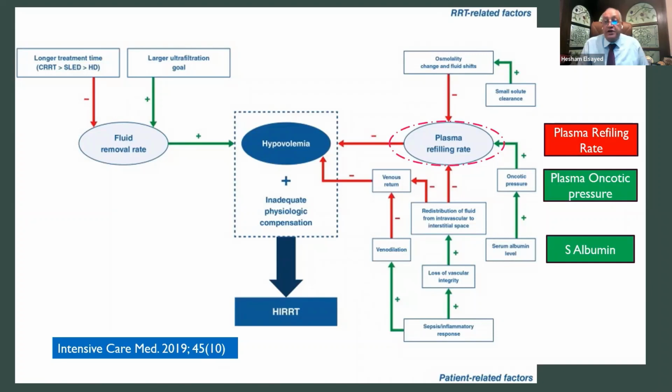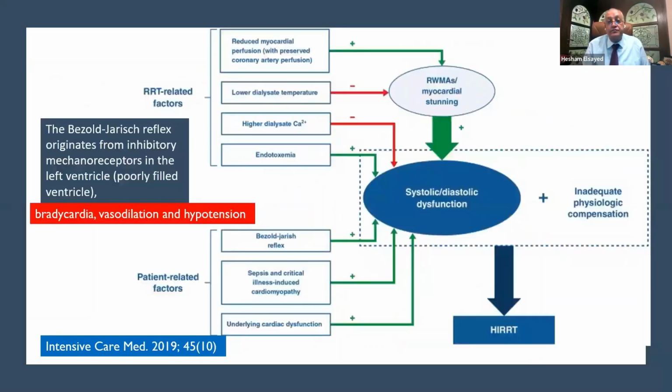Plasma oncotic pressure depends mainly on the serum albumin, and if you have a problem in the plasma oncotic pressure, you will lose the function of the albumin and proteins in dragging water and fluid from the interstitium.